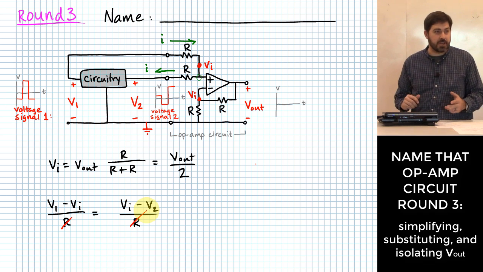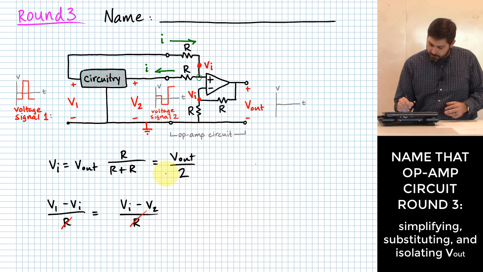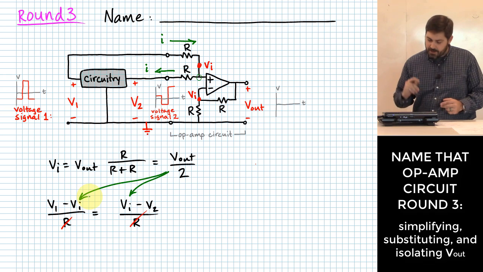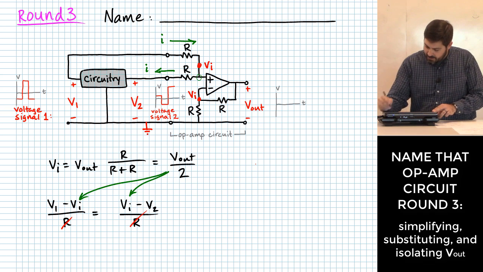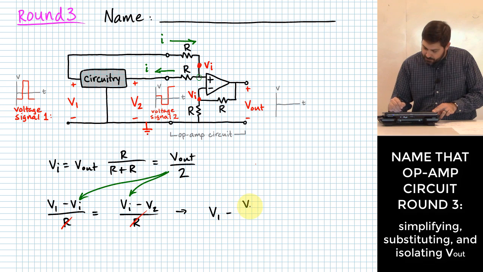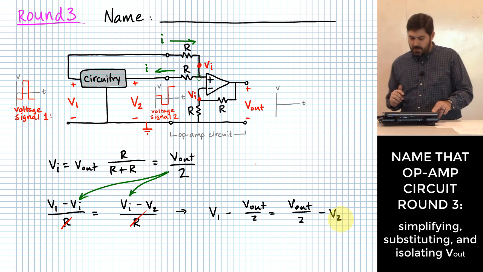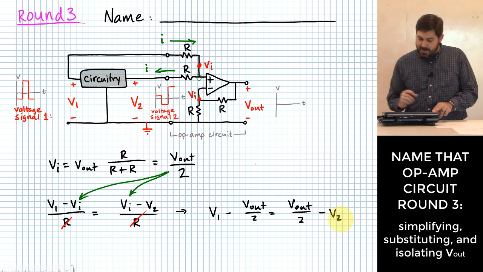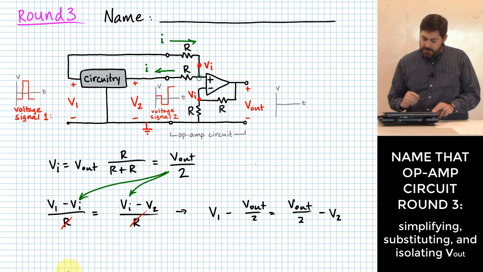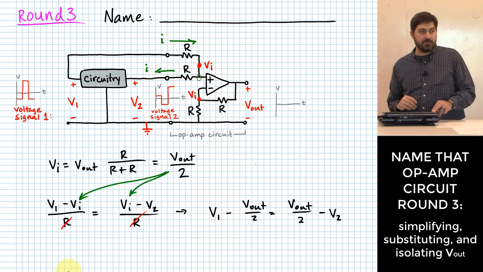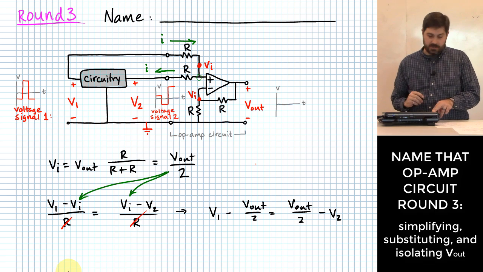Now, is there a substitution I can do? Right? V out over 2, I should be able to sub that in right there and right there. So that means that V1 minus V out over 2 is going to be equal to V out over 2 minus V2. Now let me do this. I'm going to add V out over 2 to both sides of the equation, and I'm going to add V2 to both sides of the equation.